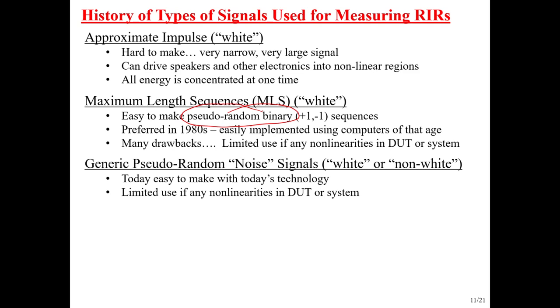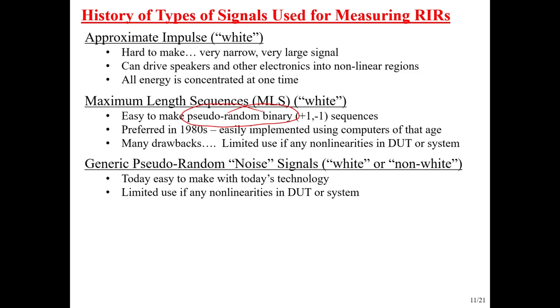Nowadays, it's pretty easy to generate more generic pseudo-random noise signals. So for quite a while, that was a pretty good driving signal. In fact, I remember seeing in the 90s and maybe the 2000s, you could buy stereo systems that came with the ability to measure the frequency response of your room and then correct for that.